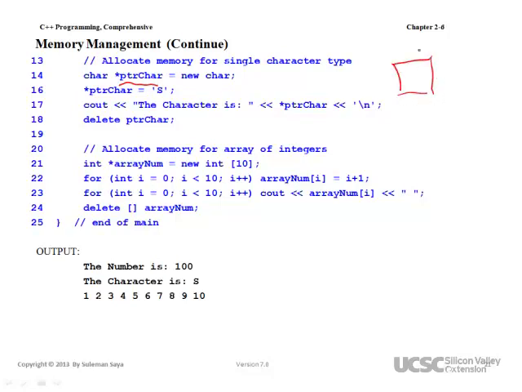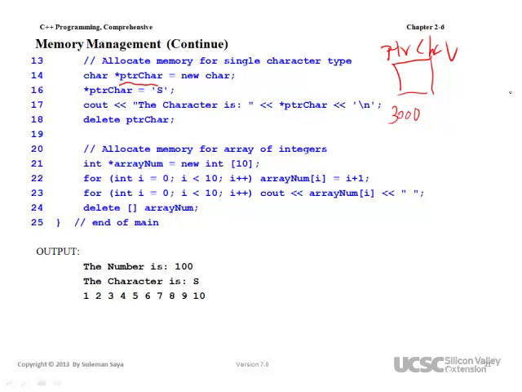So this will be a ptr char, and this is a pointer, so it will be created at some memory location, let's say 3000. And then on the right side of an assignment operator, I'm saying allocate the memory for a single character, that means 1 byte.